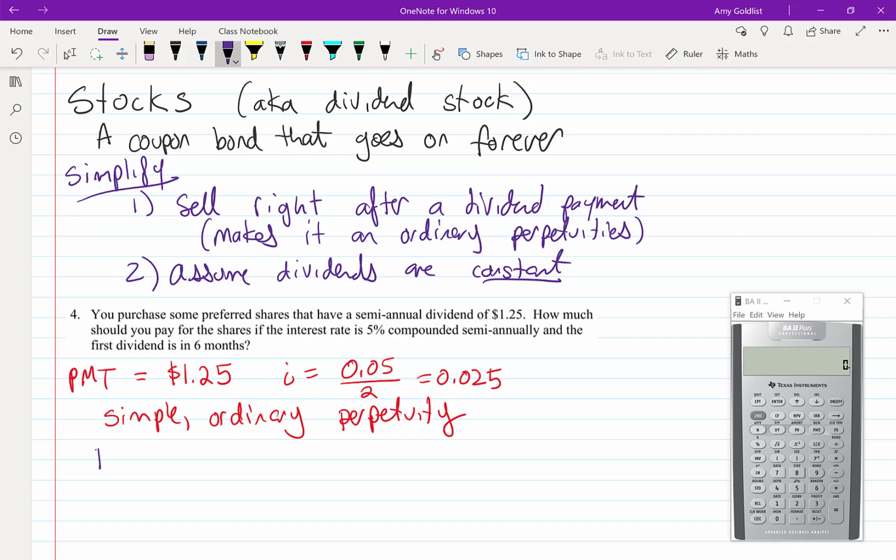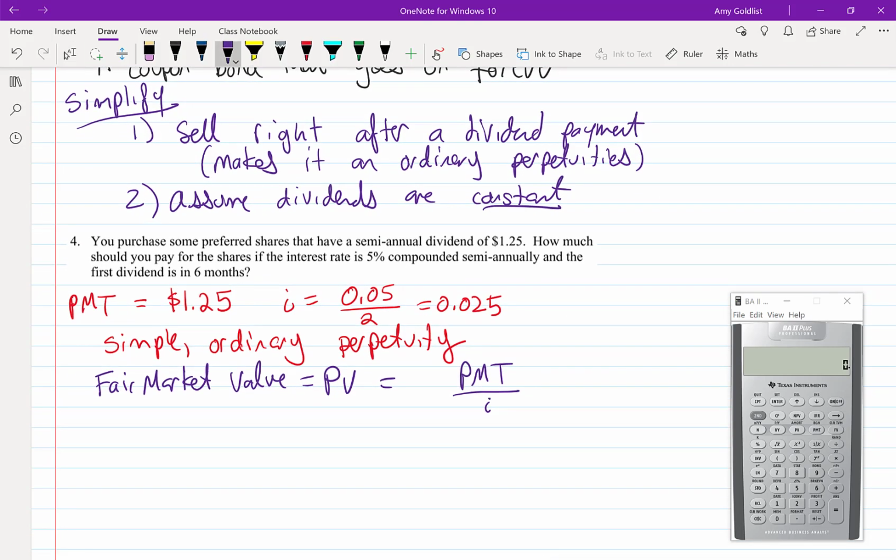Our fair market value is the present value, which makes it payment over I. In this case, that's going to be $1.25 divided by 0.025, which is $50. So those stocks are worth $50 each, and every 6 months you get a check in the mail for $1.25.